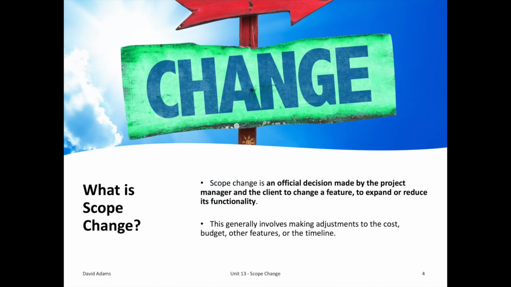In my 30-plus years of project management, the only constant that I noted was there is change. Scope change is inevitable. Many times, a customer will look for some additional feature that they would like to have and will want a change.